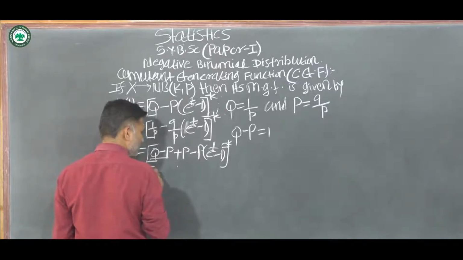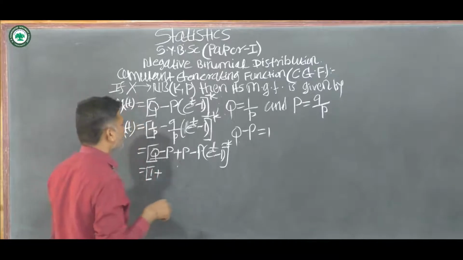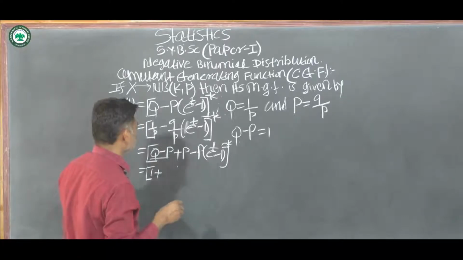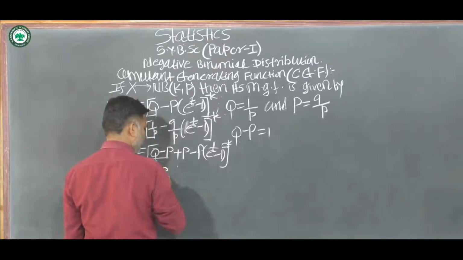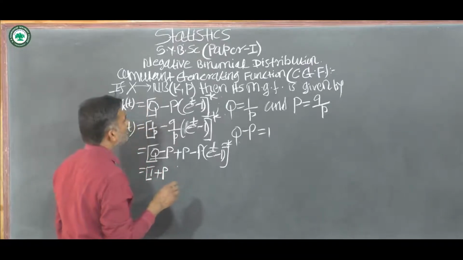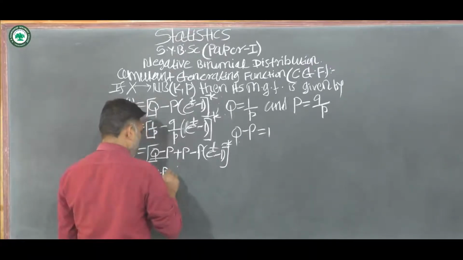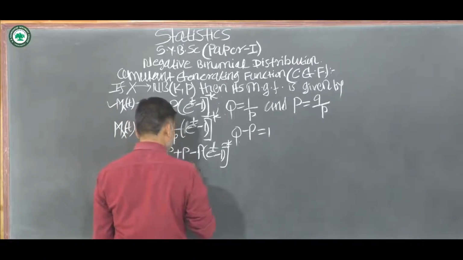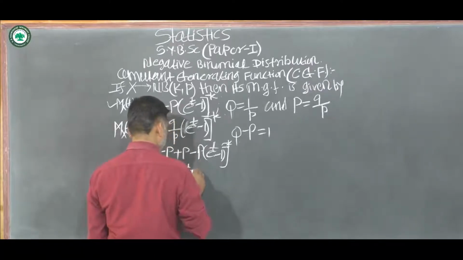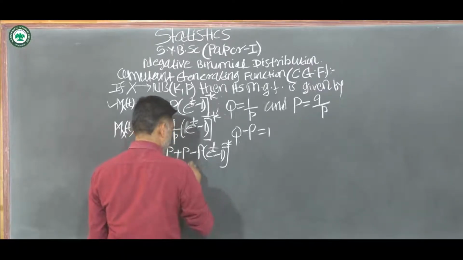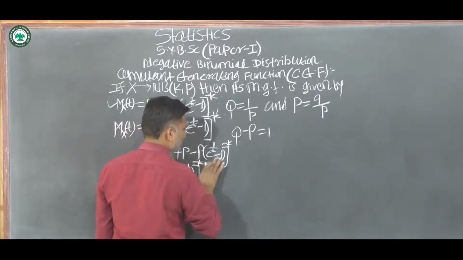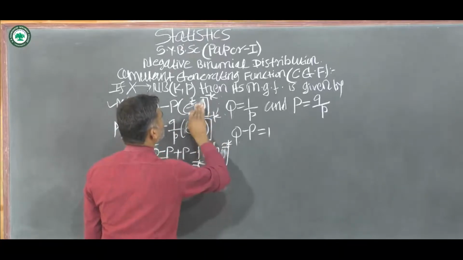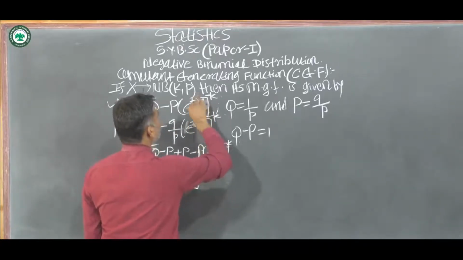Then we have 1 plus P e^t minus P, raised to minus k. Here there is only e^t.